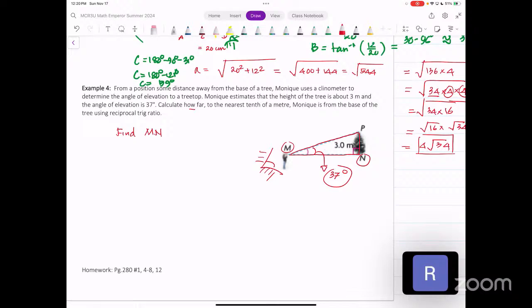Adjacent, opposite, or hypotenuse? For the angle 37, what does MN stand for? The adjacent side. Now, what side do we also know? The opposite side. So what ratio will connect the opposite with the adjacent in an angle? Tan. So we can write tan 37.